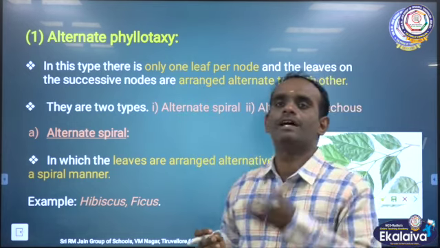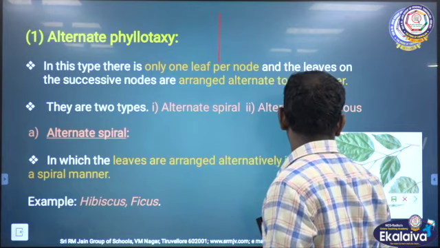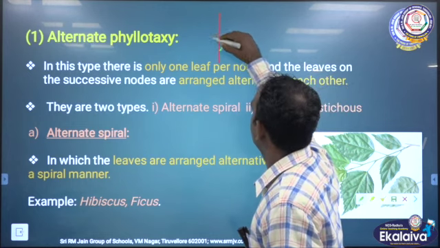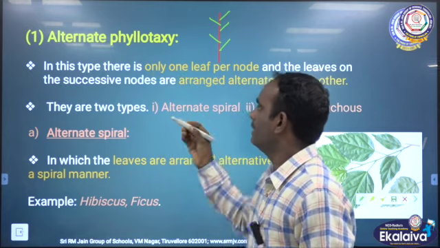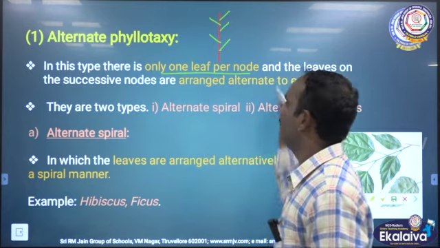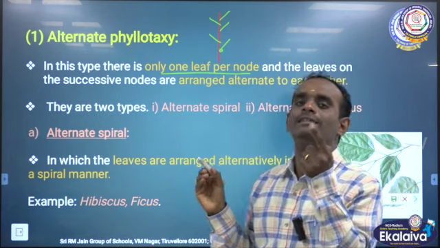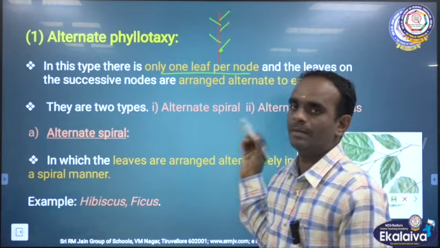The name itself, you can easily understand the concept. Alternate. See the picture here, children. So, it is a type in which there is only one leaf per node. Node is the place where the leaves arise. Nodes are present only in the stem.